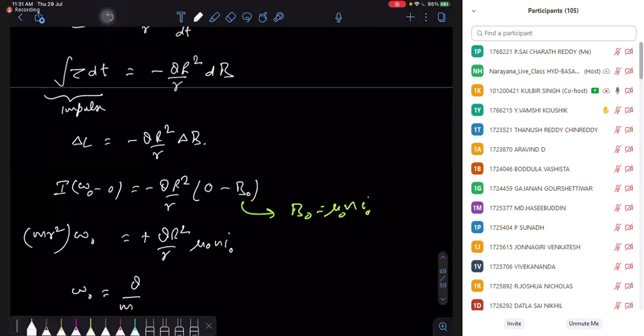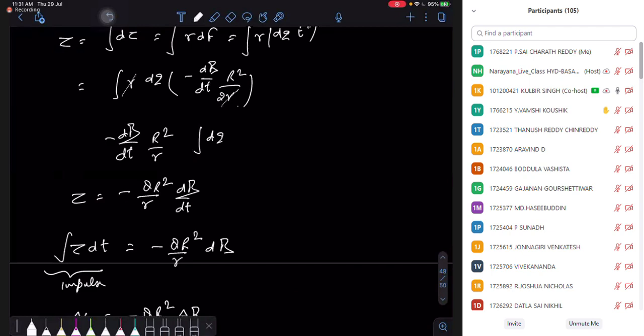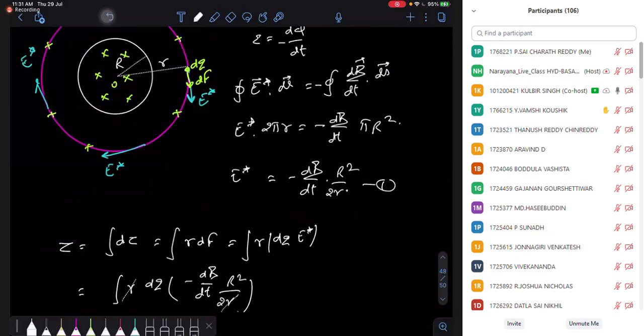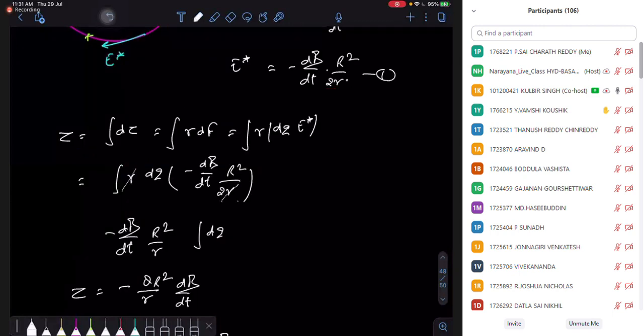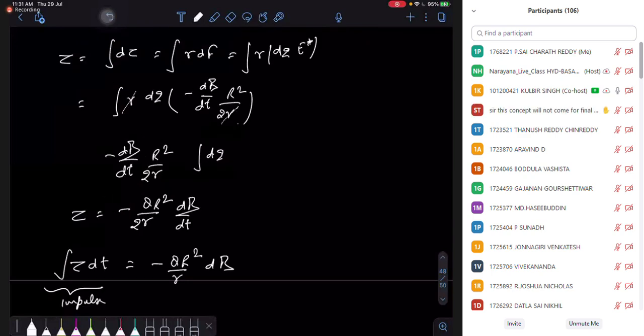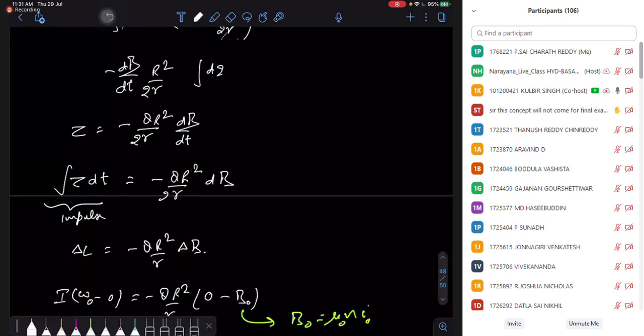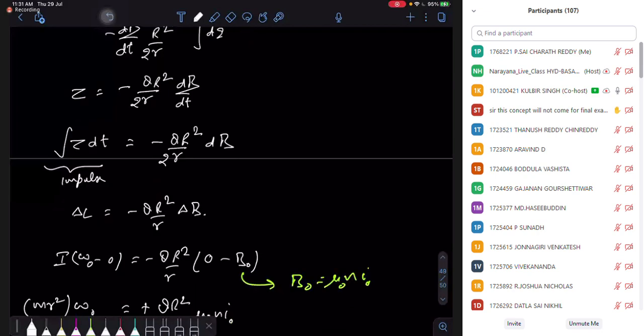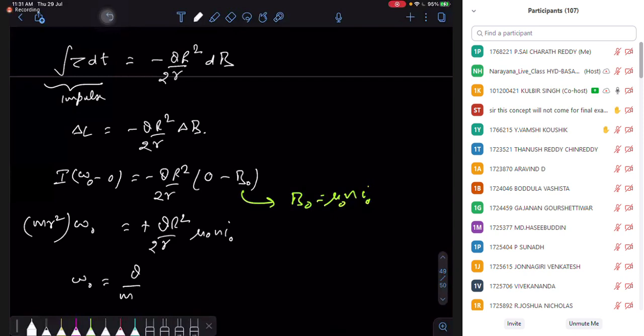I think somewhere we missed the factor 2. Yeah, there was a factor of 2 here. So we missed the 2 here. So here is 2. Right? This is my 2.